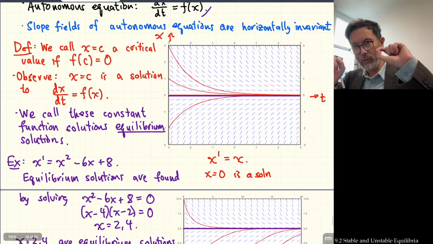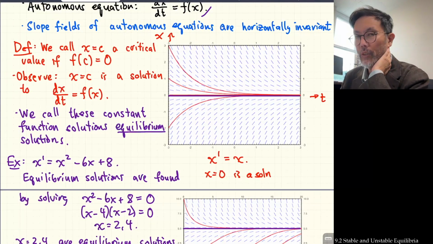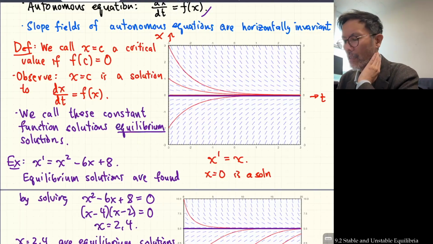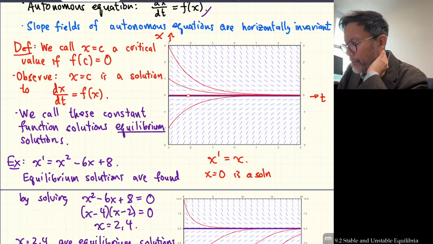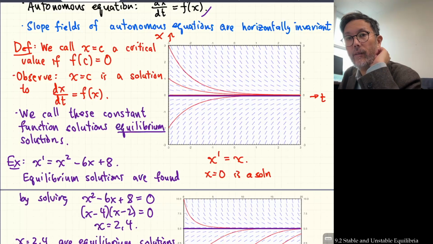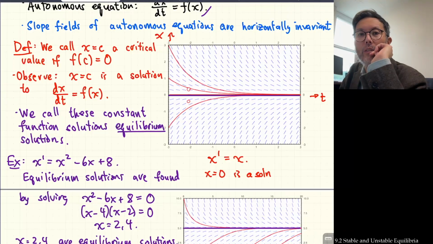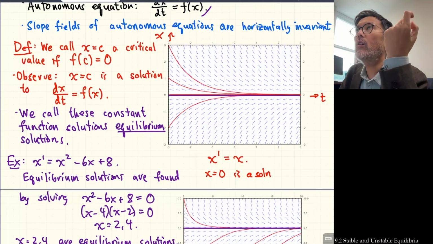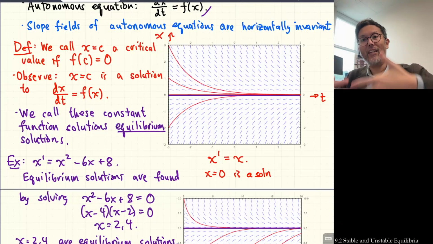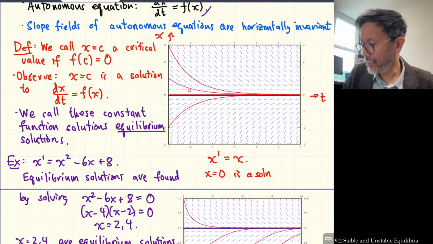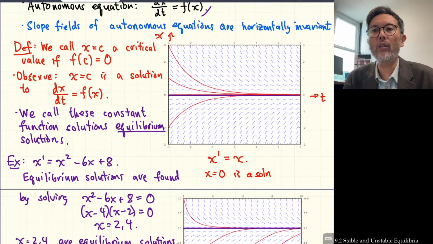Now, I want you to notice something about this equilibrium solution in this first slope field. Notice that if you're sitting at the equilibrium solution, that is to say, if your x is equal to 0, and you perturb yourself a little bit off of the equilibrium solution, maybe you're a little bit bigger or a little bit smaller, and then you let time run, you're going to slide along this solution here, and you notice that as t gets larger and larger, you're getting closer and closer to the equilibrium solution x equal to 0.